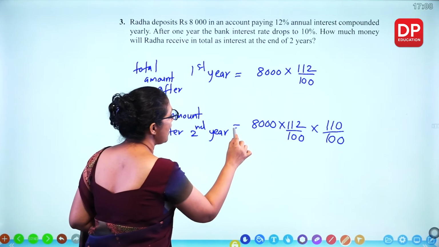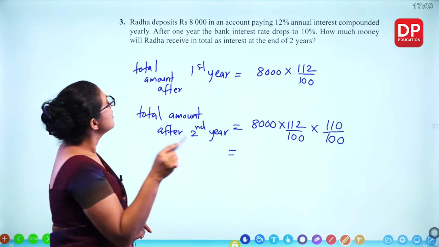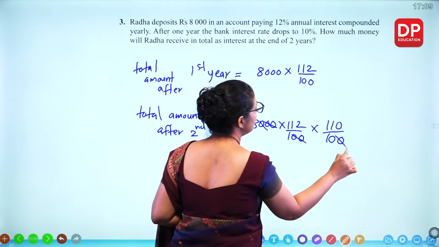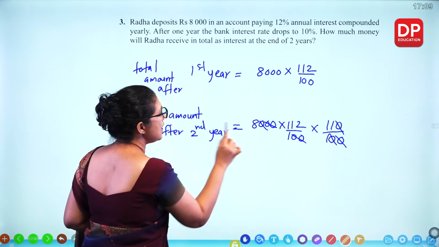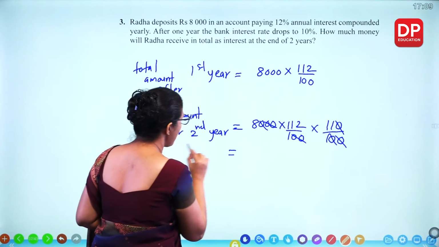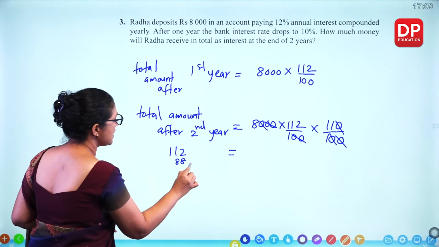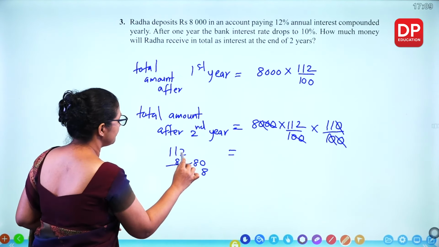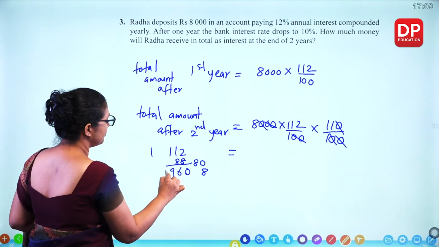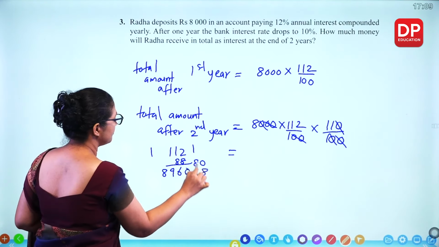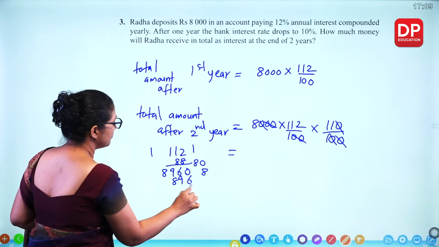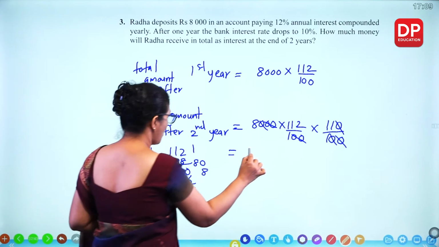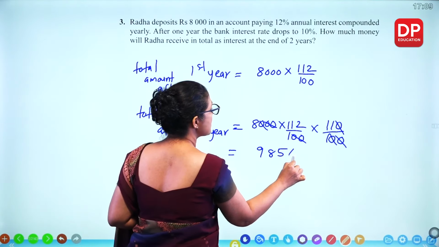Now we'll calculate the value and subtract 8,000 from that. So you get 11 times 8, 88, 112 into 88, 8 and 8. So you get 9,856.